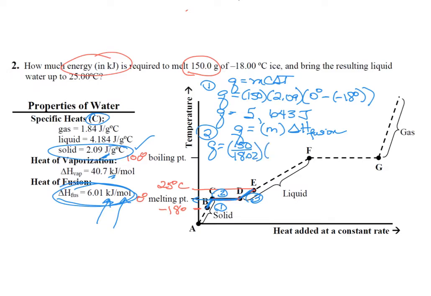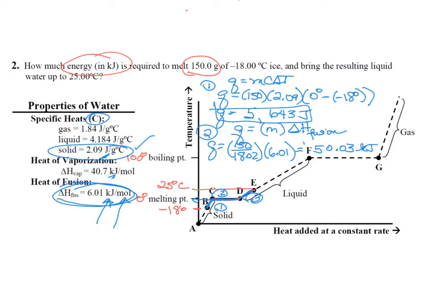And then delta H of fusion is 6.01 kilojoules. So 150 divided by 18.02 is 8.32 moles, and then multiply that by 6.01. So now that is 50.03 kilojoules.